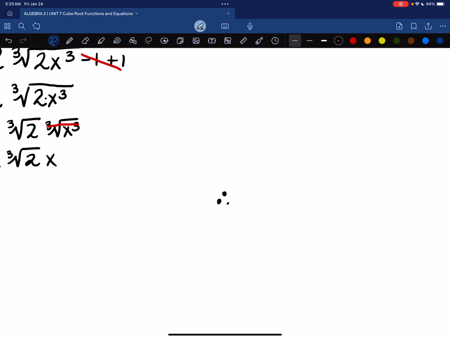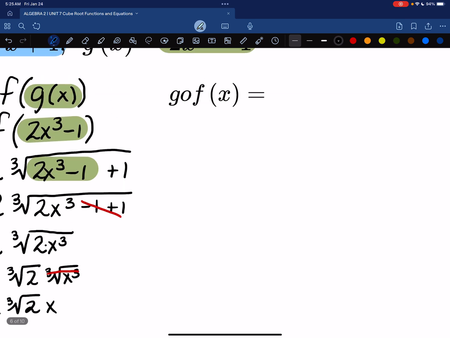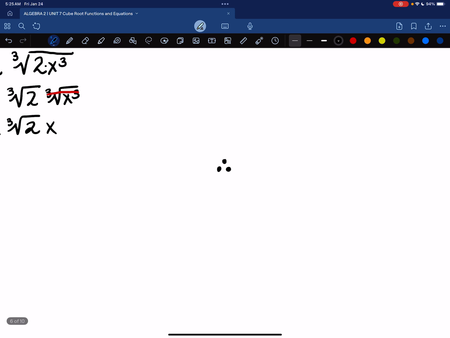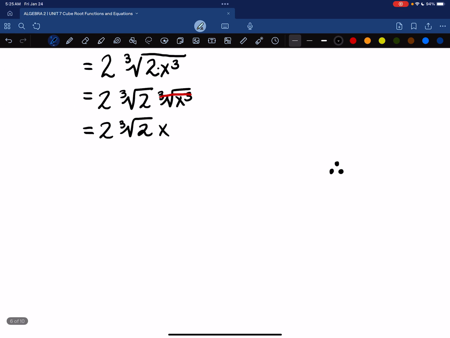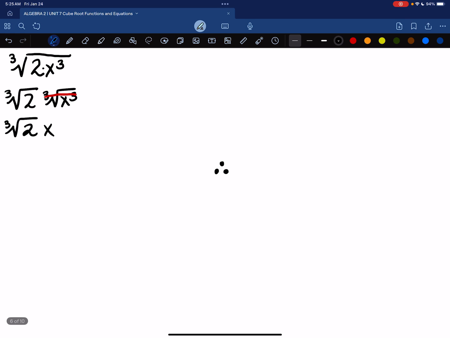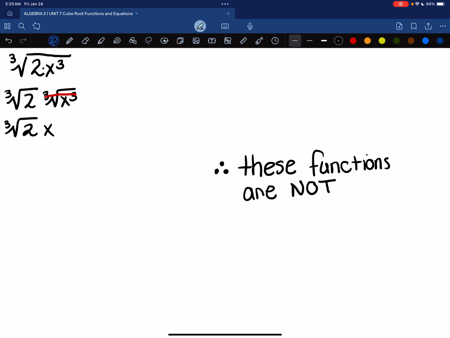We don't have to try this other composition, g of f. We stopped because we already came to a point where we recognize these functions are not inverse functions.